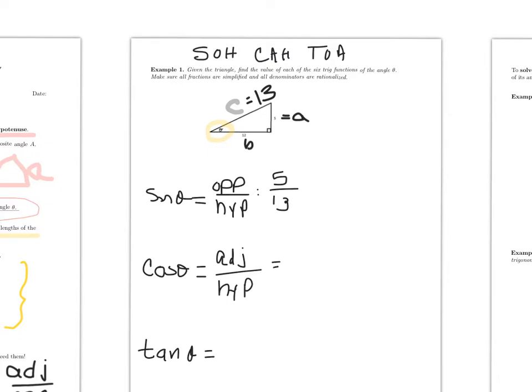Adjacent to angle theta is the side 12 over hypotenuse is 13. And then tangent of theta, sure, you could do sine over cosine and do your fraction work, that would work too, but it's also defined as opposite over adjacent. So opposite is 5 and adjacent is 12.